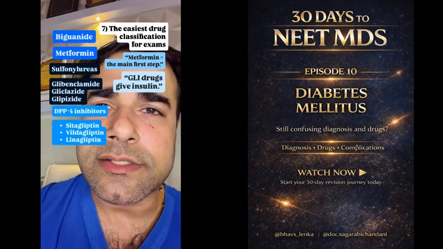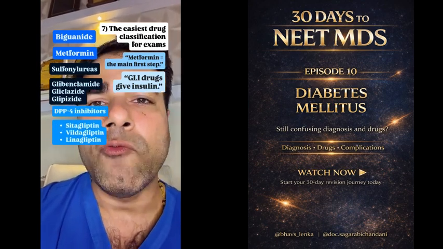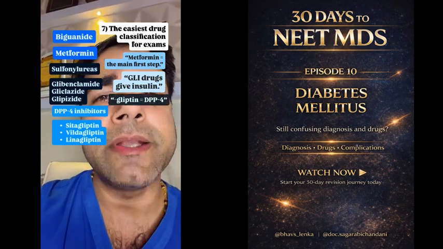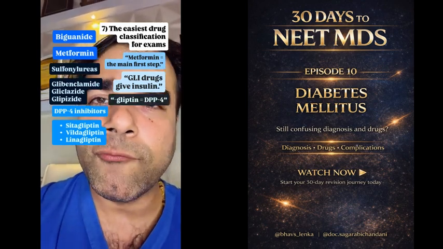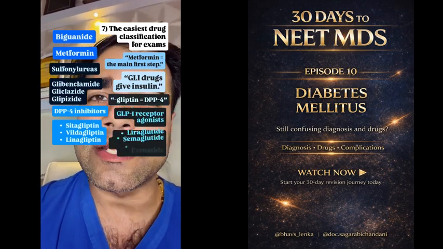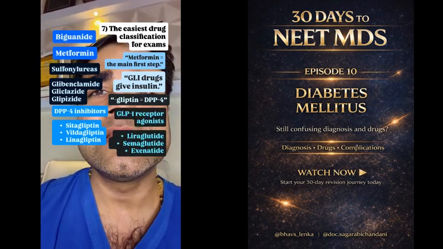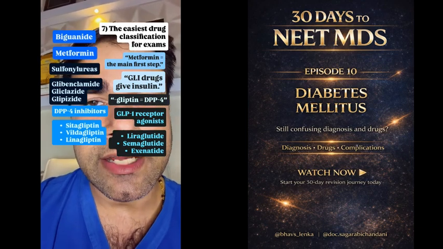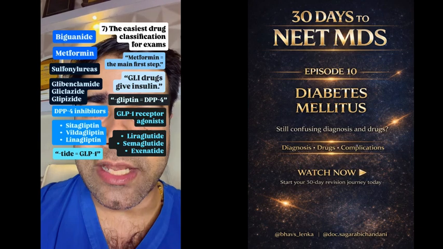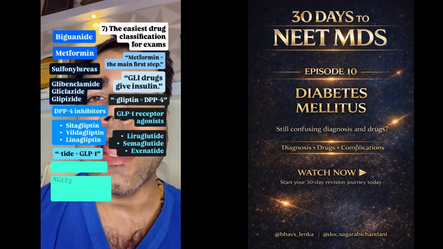DPP4 inhibitors: sitagliptin, vildagliptin, linagliptin. Mnemonic: gliptin. DPP4. GLP-1 receptor agonist, liraglutide, semaglutide, exenatide. Mnemonics, tide is equal to GLP-1.